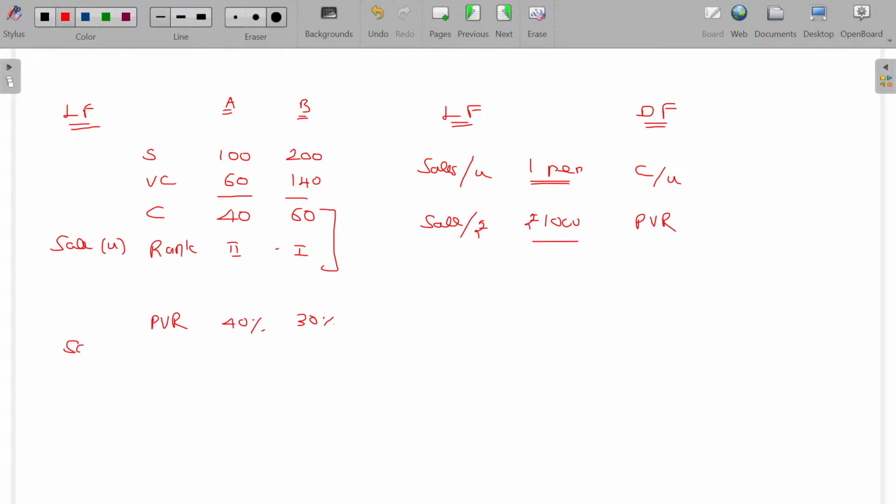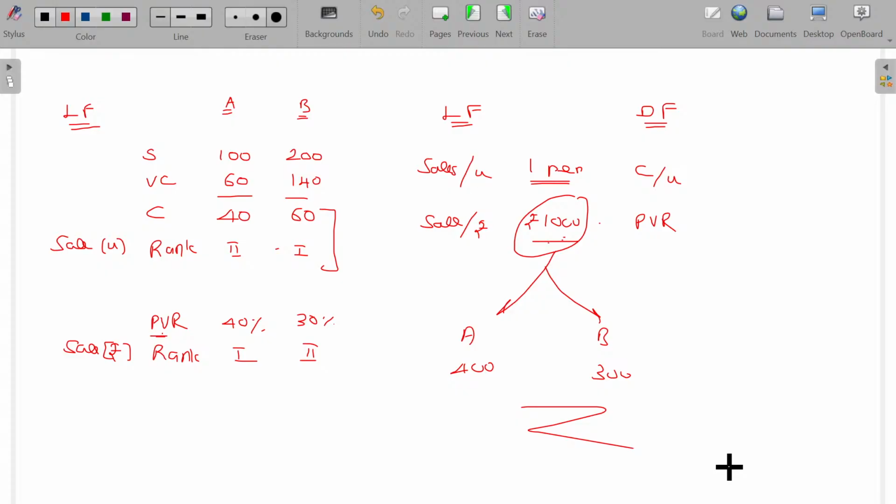So if the sales in rupees is the limiting factor, your deciding factor is nothing but PVR. So you rank based on the PVR, rank 1 and rank 2. If 1000 rupees is there, and in case of selling A, 1000 into 40%, 400 rupees. If you are selling B, 30% on 1000 will be your earnings. Clear?